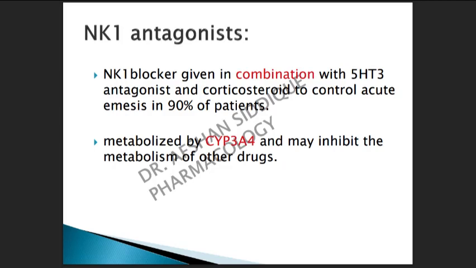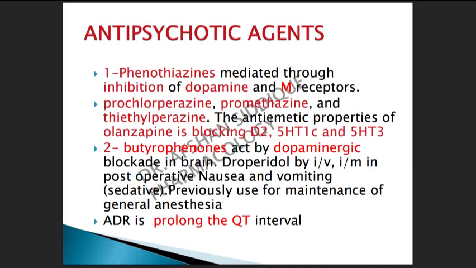In antipsychotic agents you have phenothiazine and butyrophenone. Phenothiazine is mediated through inhibition of D receptor and muscarinic receptor, prochlorperazine and promethazine and thiethylperazine. The anti-emetic property of olanzapine is by blocking D2 receptor, 5-HT1C receptor and 5-HT3 receptor.